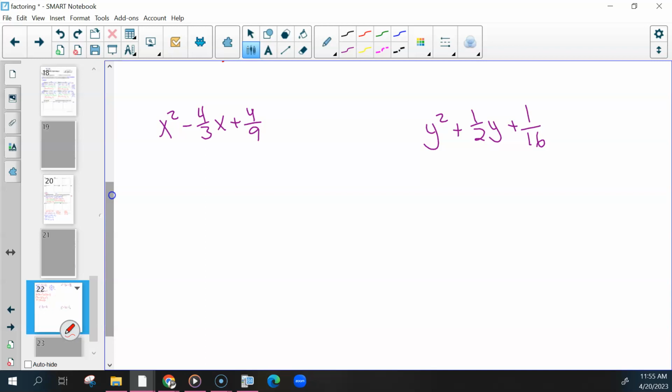What times what will give us 4? 2 times 2. What times what will give us 9? 3 times 3. You would also have to take into account the sign. So this is positive, so they either both have to be positive or both have to be negative. This is negative, so they would both be negative.